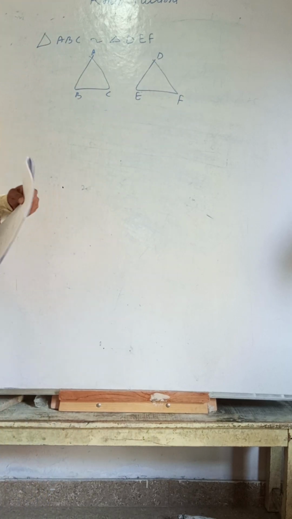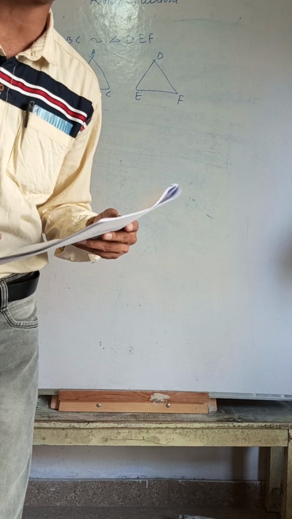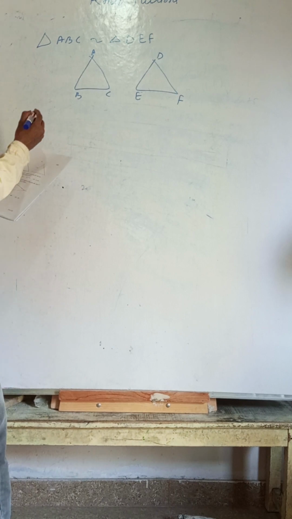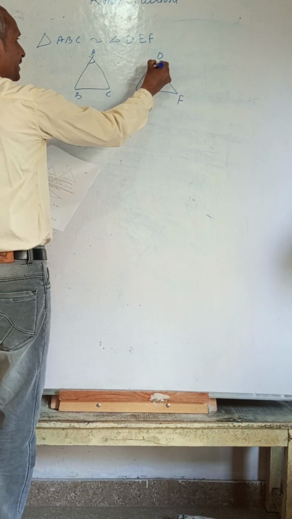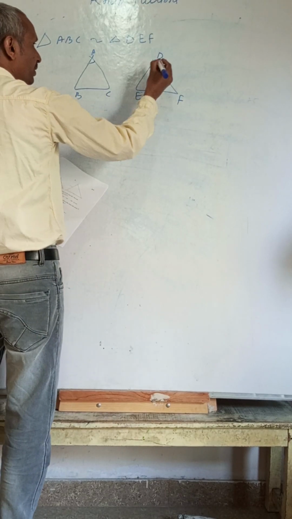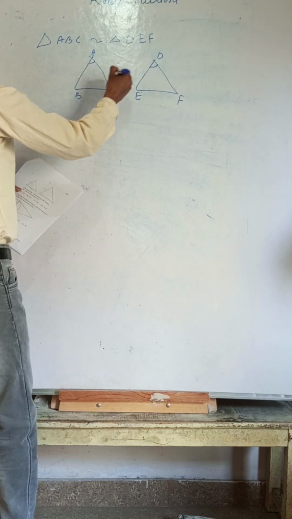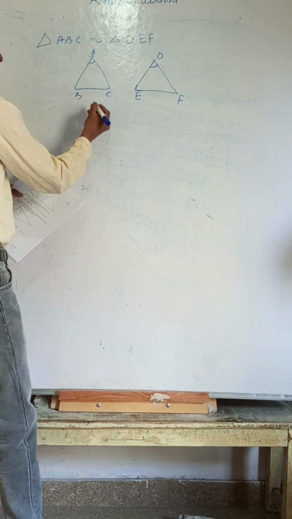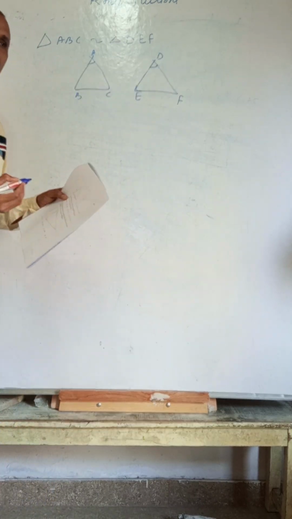The sides of similar triangles are in proportion. If they are similar, angle A is equal to angle D, and the sides are in proportion: AB to DE, BC to EF.